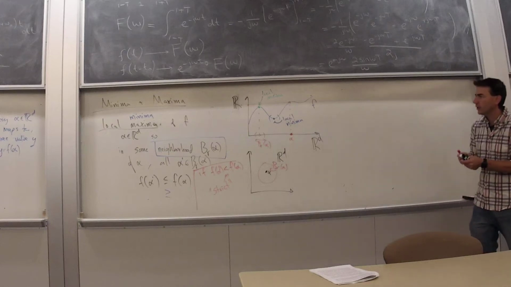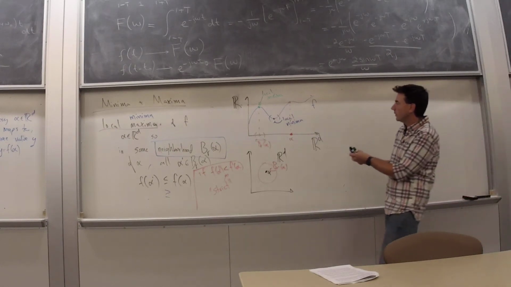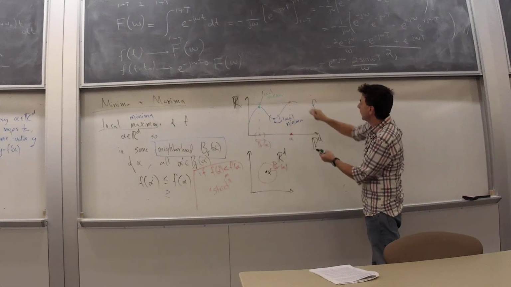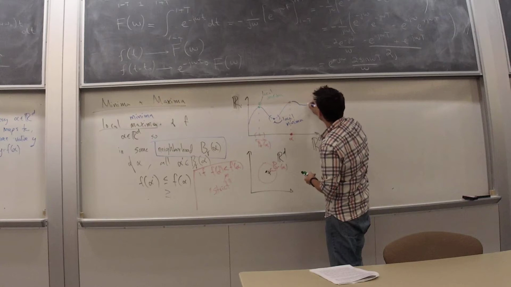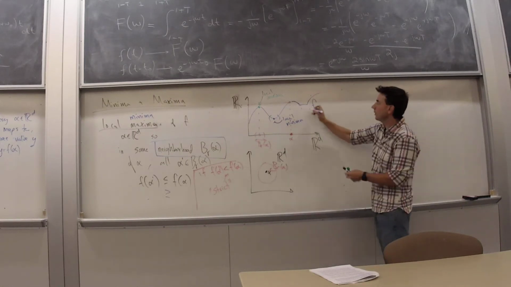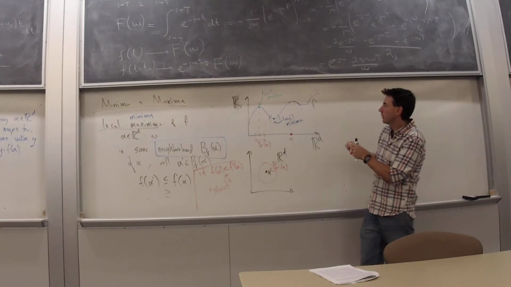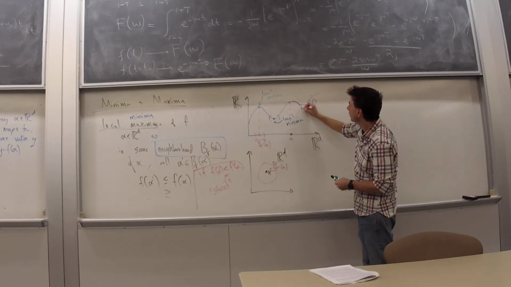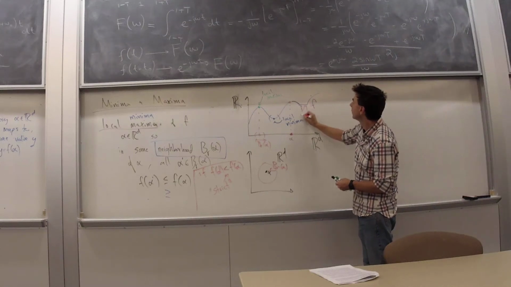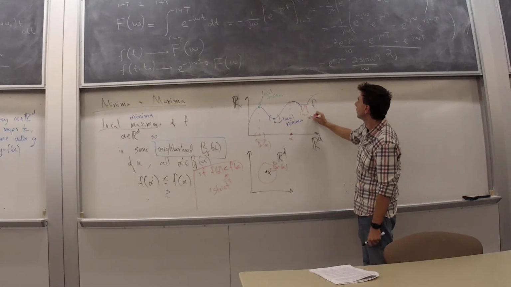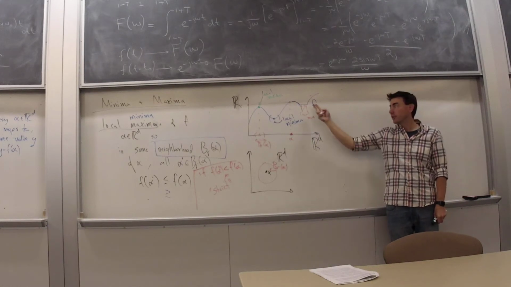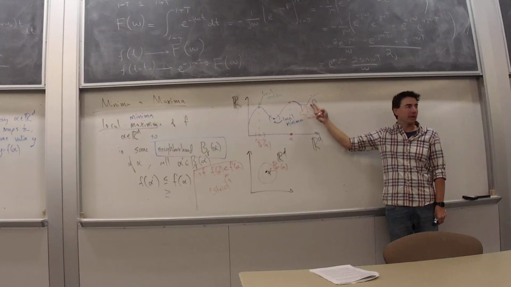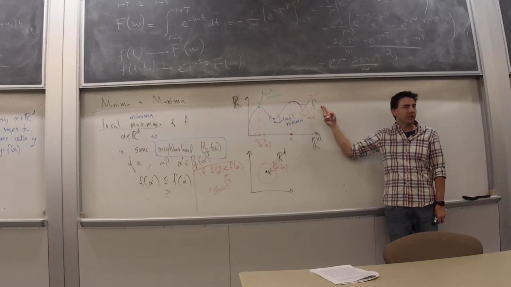An example might be, let's say the function was like this, and then it was absolutely flat here. All these points here are local min. Every point along here is a local minimum, because there's a neighborhood where they're all greater or equal to this point, but some can be tied.